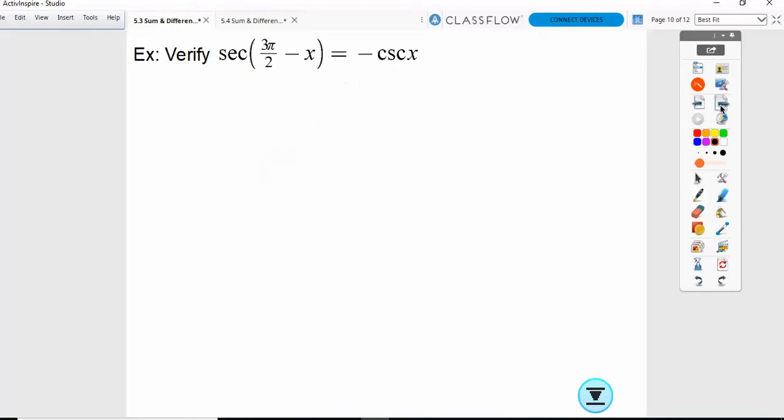Let's do one more proof. So which side would you box in?